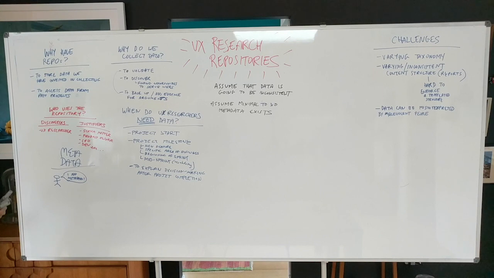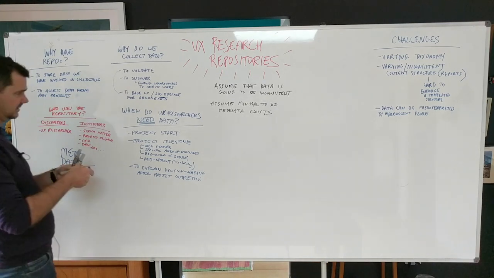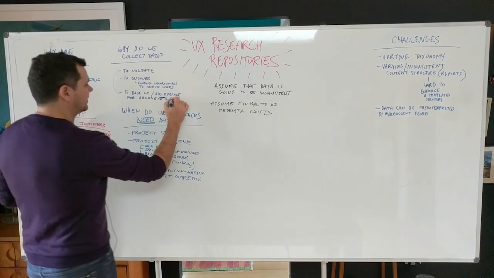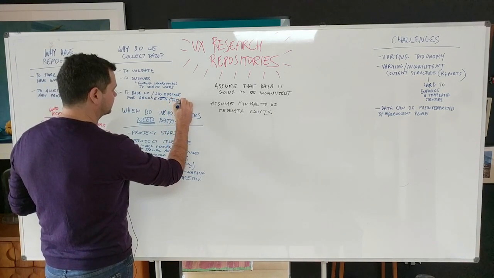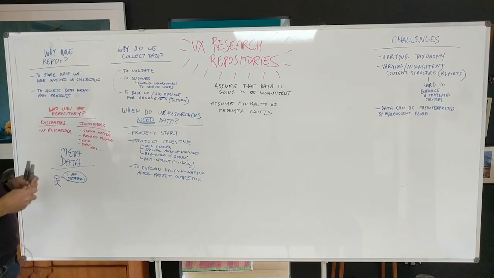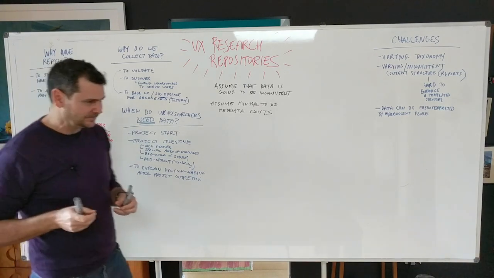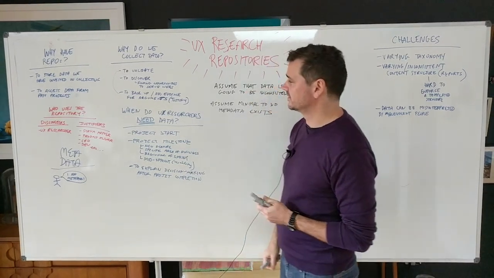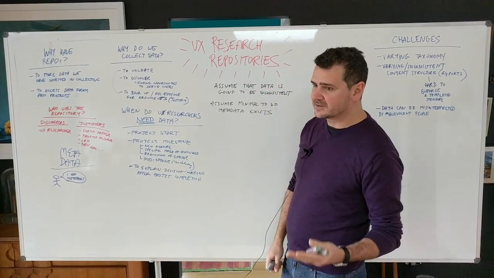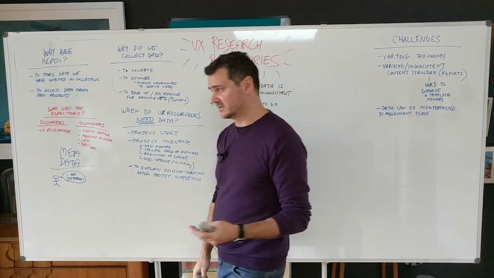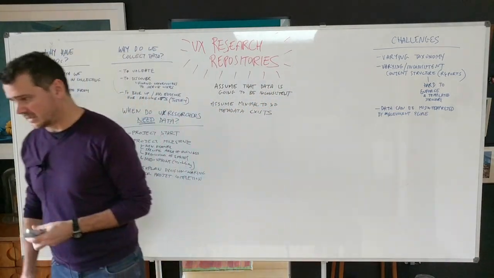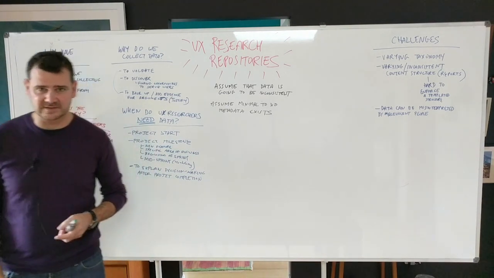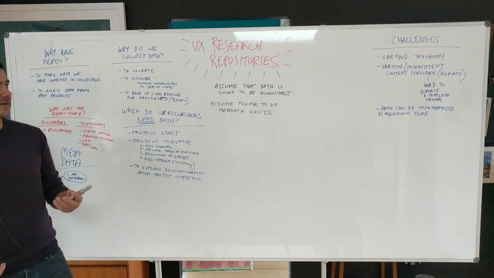All right. So we know why we have repositories. Actually, I'm going to add the word justify here. We don't know any of these things. I'm just making some suggestions. I have done a lot of interviews with researchers over the years, and people from government and large organisations, so I do have some data.